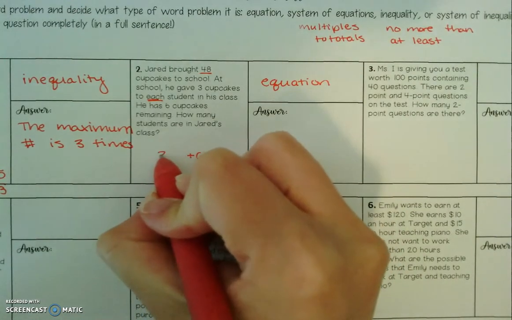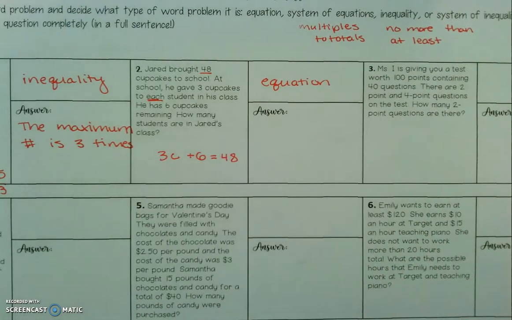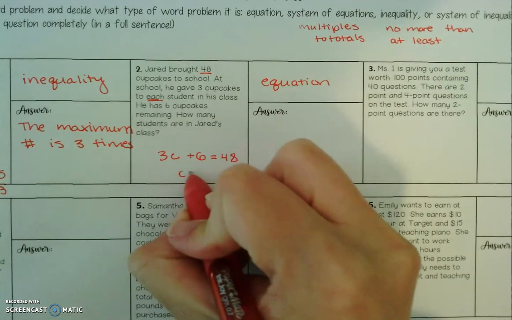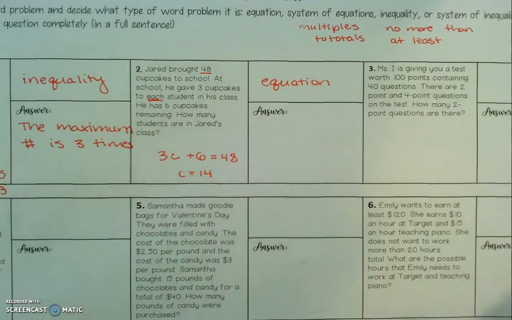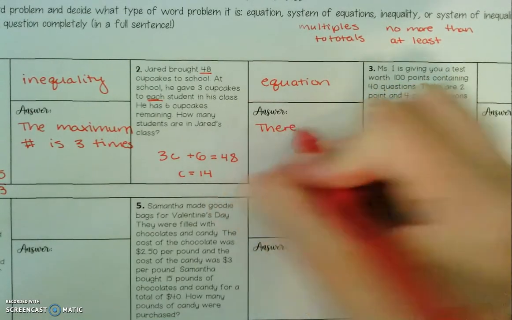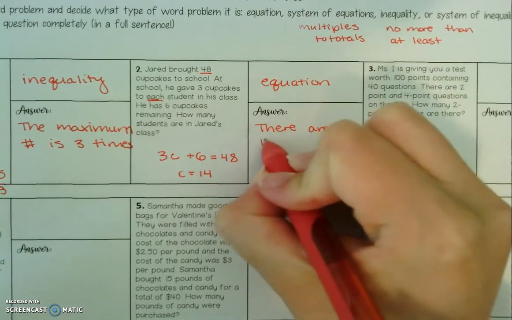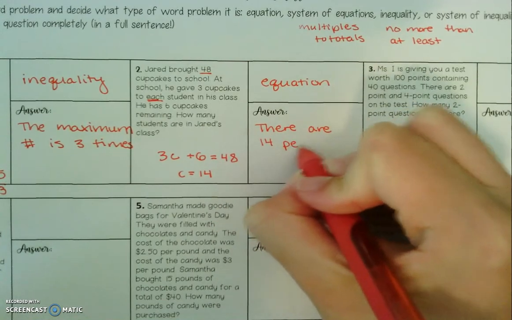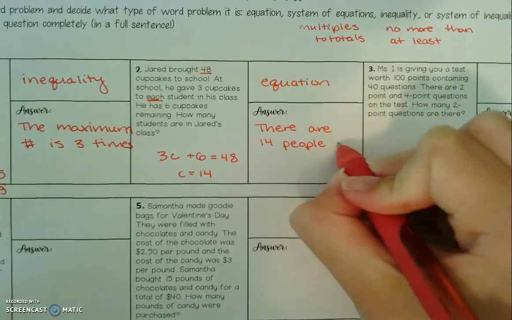So we can say 3c. You can pick any variable, it doesn't matter. When we solve this one for c, we get c equals 14. Again, interpreting this problem means that there are 14 people in Jared's class.